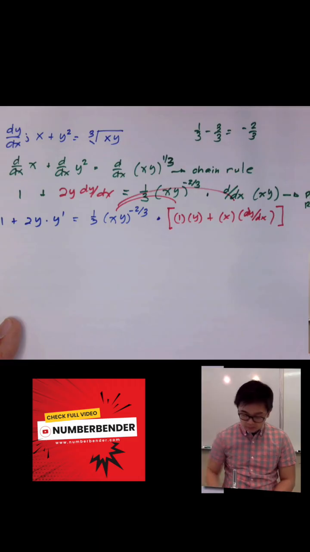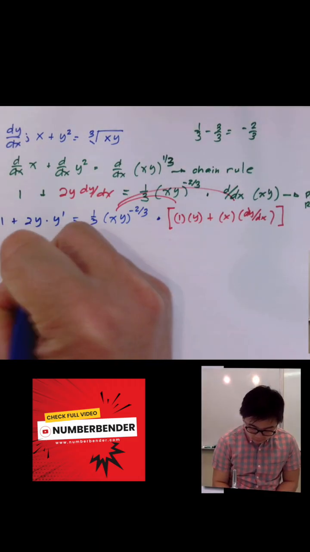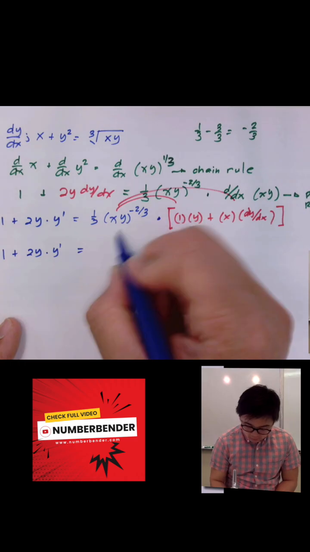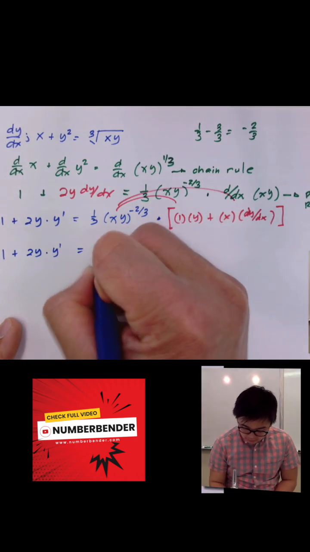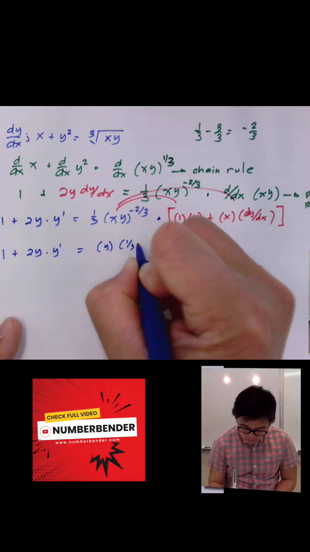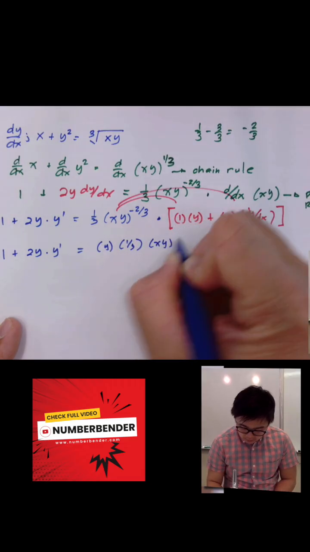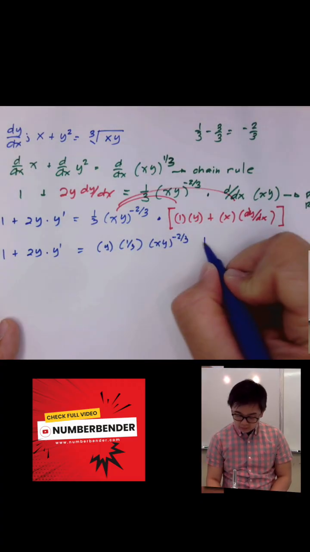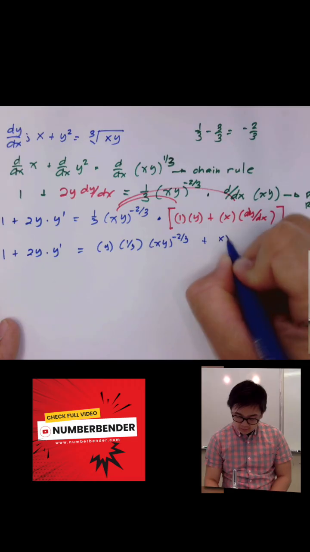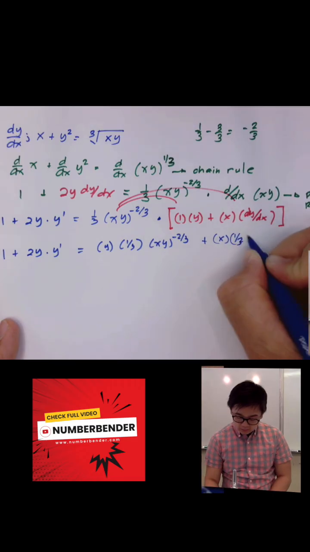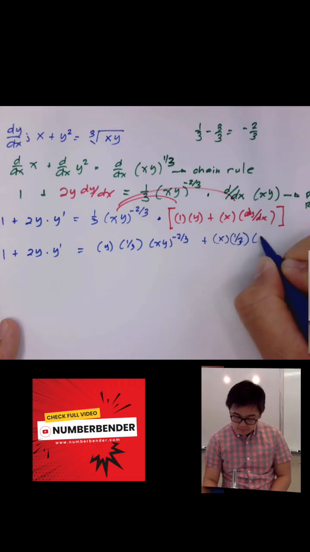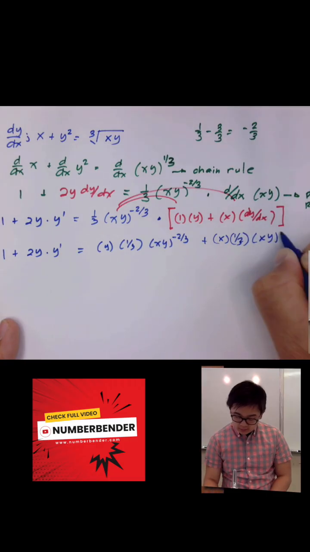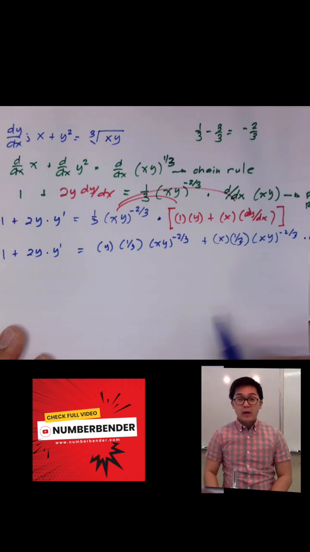So my equation will be changed into: distribute this here, so we have y times 1/3 (xy)^(-2/3), and distribute this to the other side right here, which is x times 1/3 (xy)^(-2/3) times dy/dx.